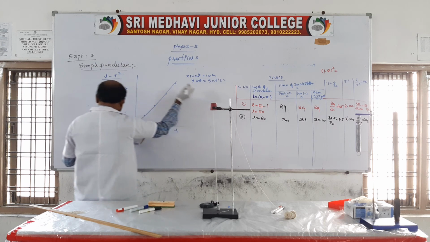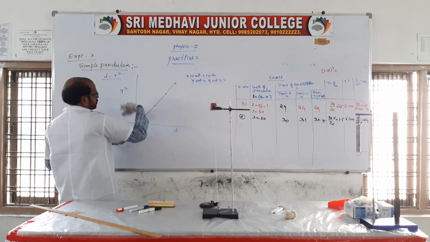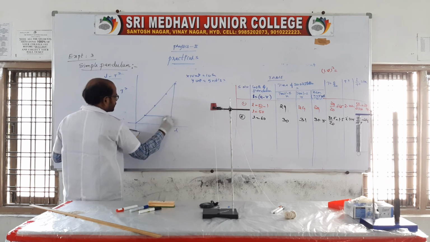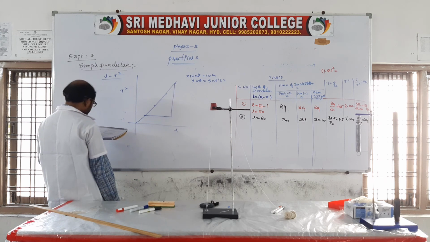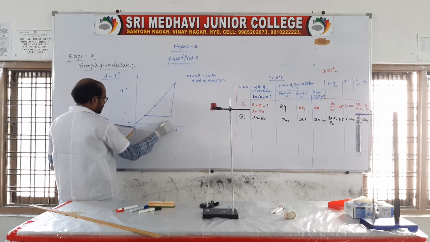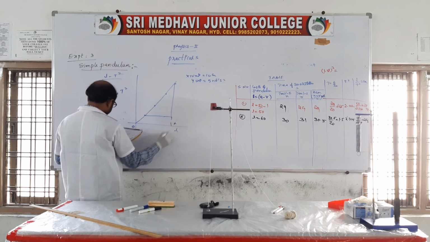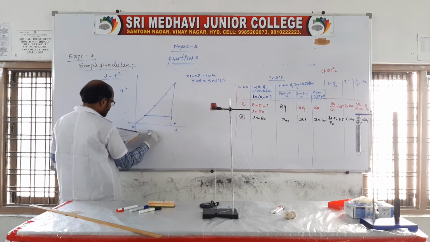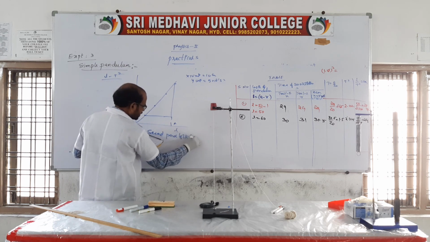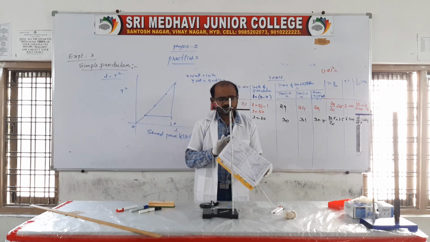Using this graph we can also get the length of the pendulum by taking the slope. The length of the pendulum will be equal to OA. OA is the length of the seconds pendulum. So this is about the graph.